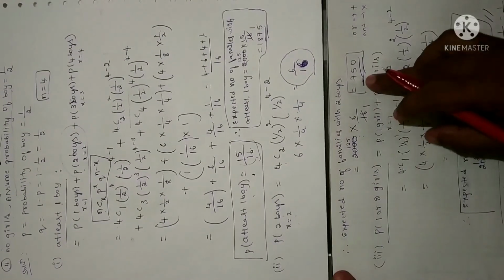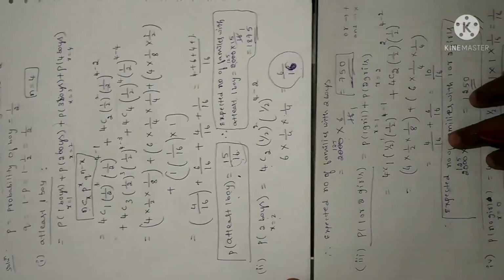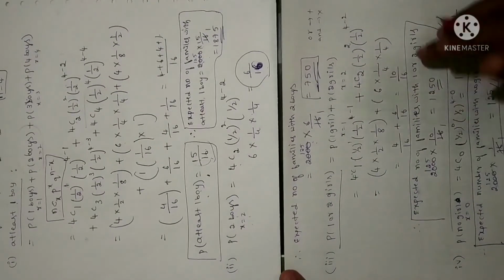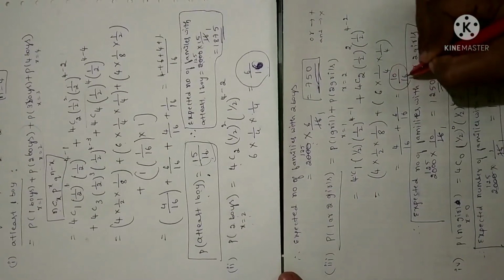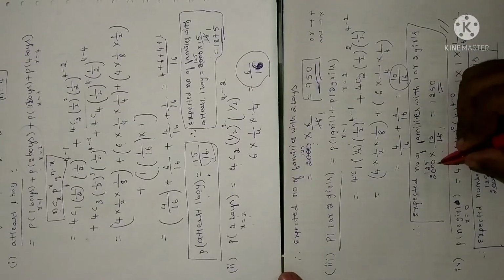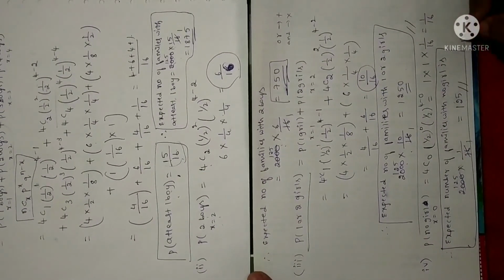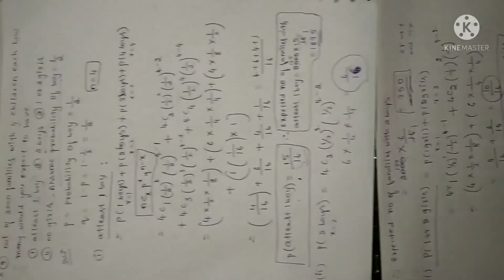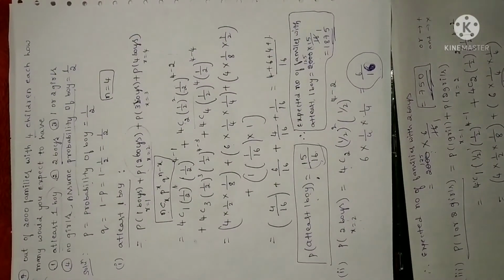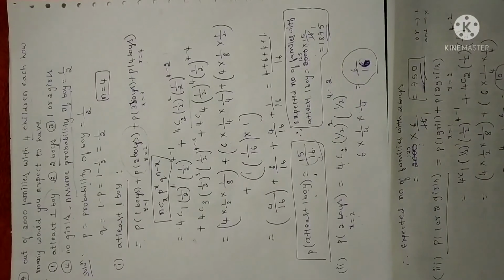So for 2000 families you have to multiply. Similarly for probability of 1 or 2 girls, this will be the required probability. But after multiplication for 2000 families, you will get this solution. For the fourth sub question this will be the case. So I hope whatever I have done so far is clear for you. So this completes the problems on binomial distribution. In the next session I will continue with the normal distribution.